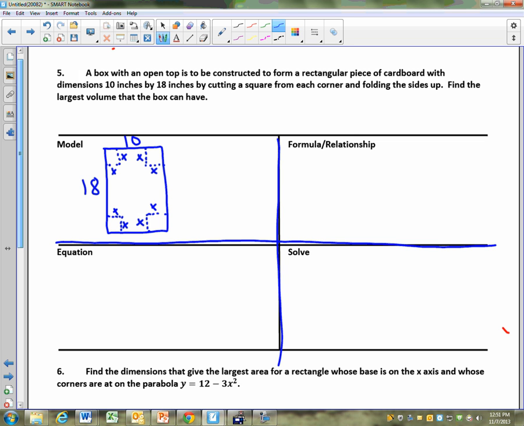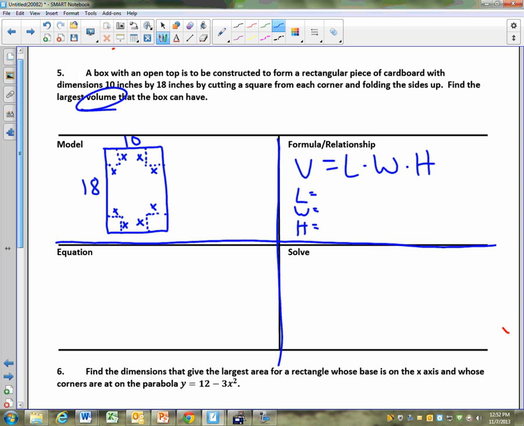So what is my formula? Volume. Length times width times height. Good. That's 4 variables: V, L, W, H. Well, let's see what we can do here.